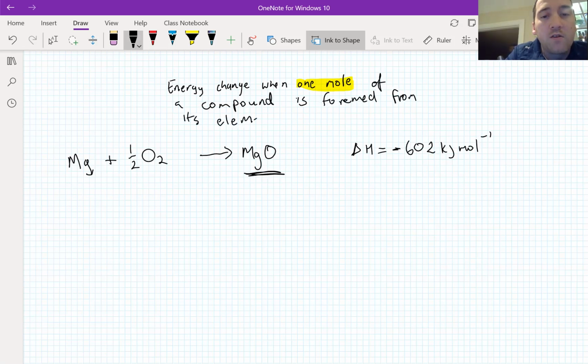That's how you make a compound. You join its elements together. We're talking about the energy change when we make 1 mole of it, okay?